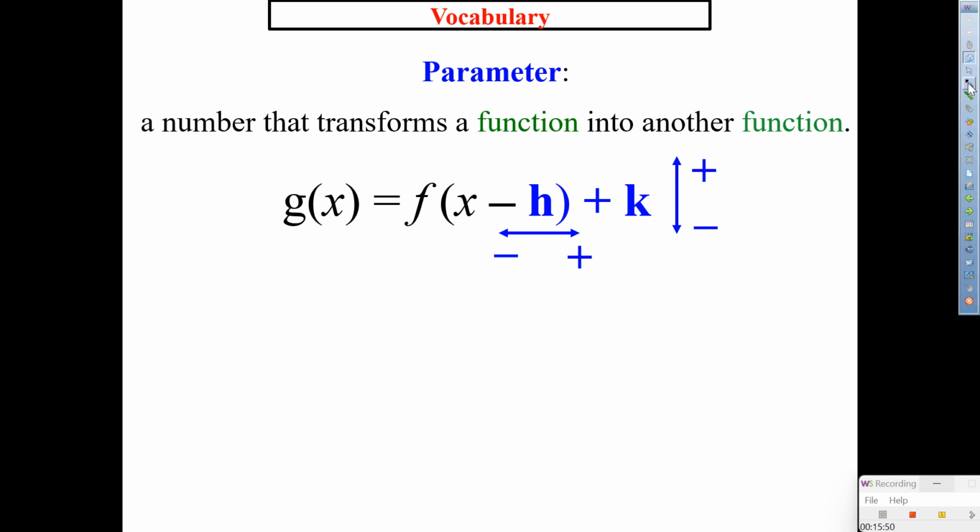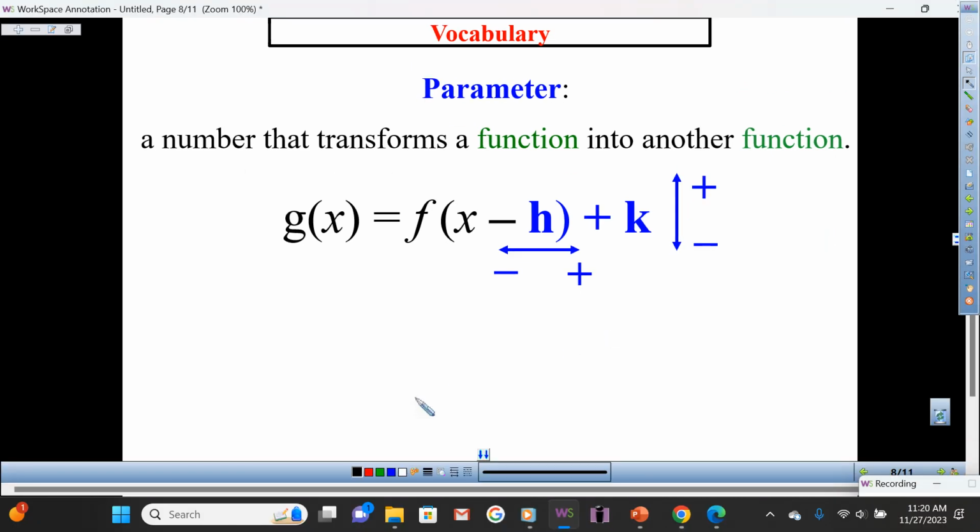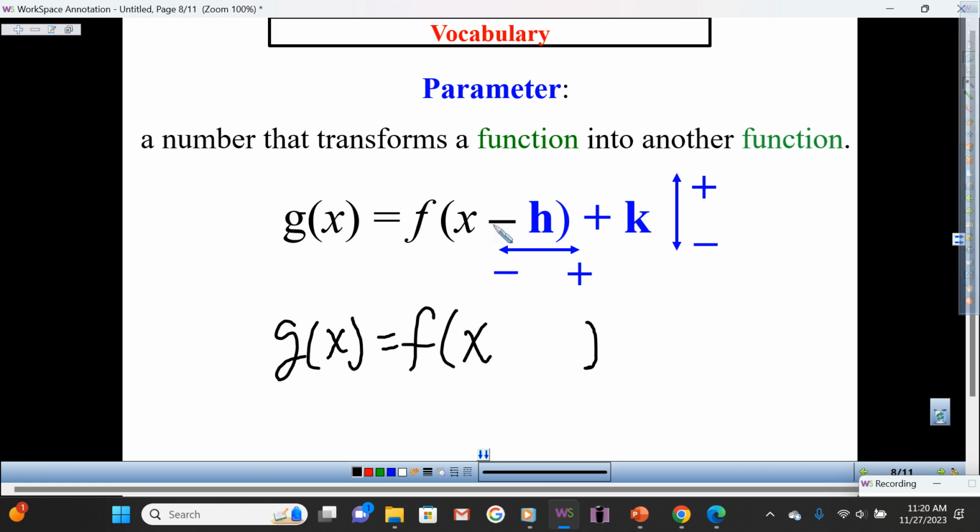Now this is where your noodle, some of you are like, what? Yeah, look up. So watch. If I wanted to move something, what stays there? A negative. The negative is part of the form. If I wanted to move a function 5 steps to the right, that means I need to substitute a positive 5 in here.